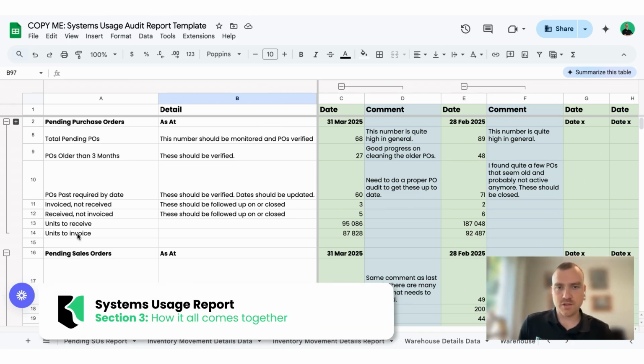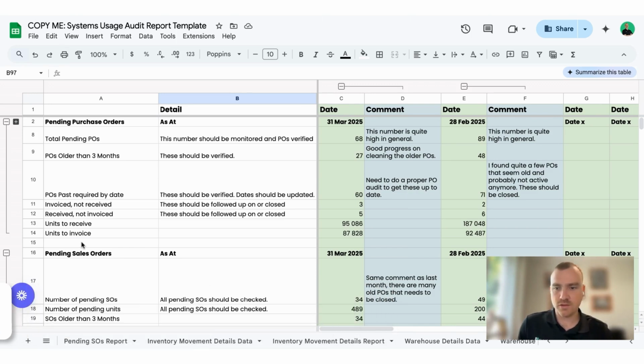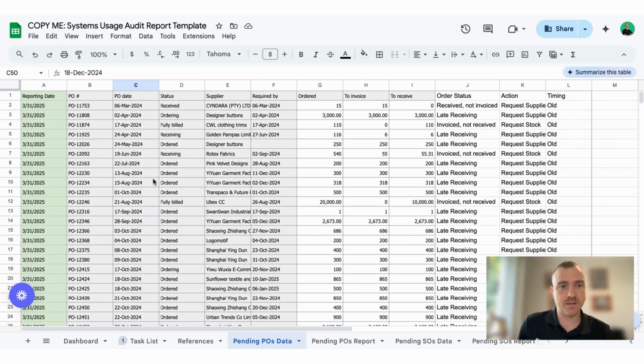Now, I'd like to show you more or less how this report is put together. I won't bore you with all the details, but ultimately what we did was we pulled the pending POs data for the month. We have a few formulas to the side here.